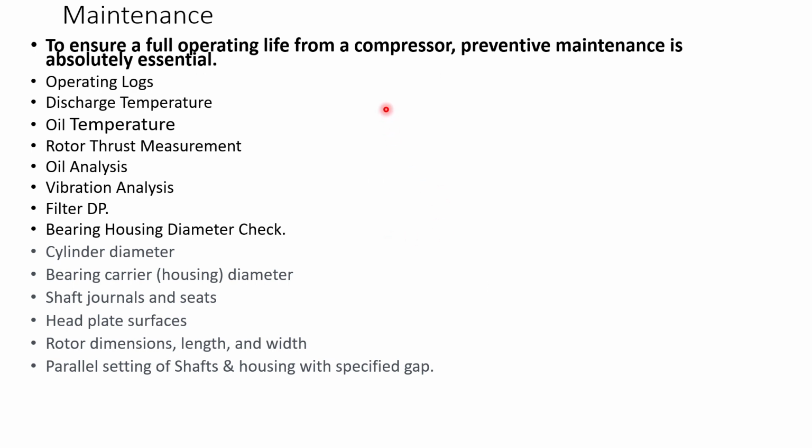Now let us talk about the maintenance. To ensure a full operating life from the compressor, preventive maintenance is absolutely essential. So you have to have an operating log in which you should have discharge temperature, wire temperature, rotor thrust measurement, wire analysis, vibration analysis, filter differential pressure, bearing housing diameter check, cylinder diameter, bearing carrier that is housing diameter, shaft journal sheets, head plate surface, rotor dimension, length and width.